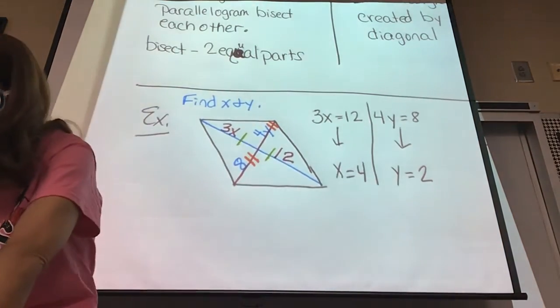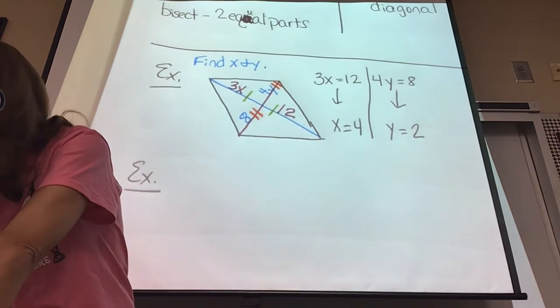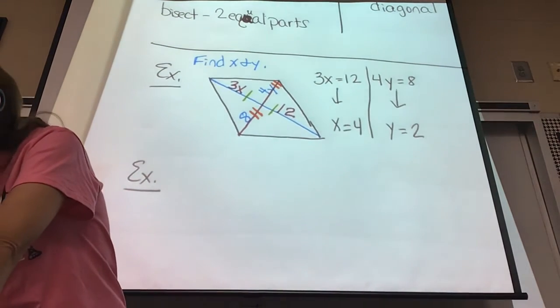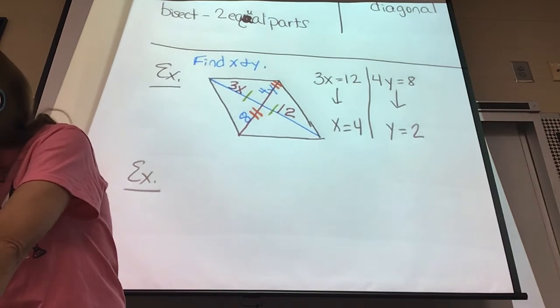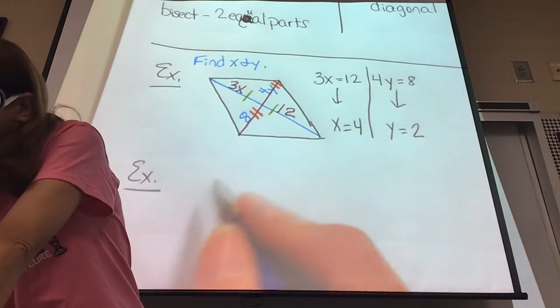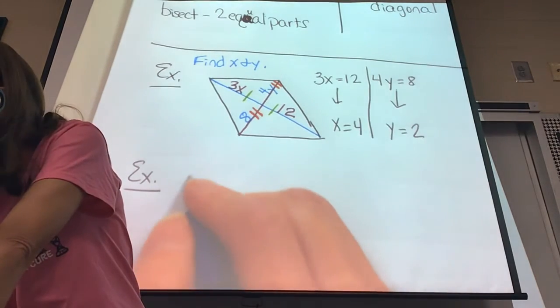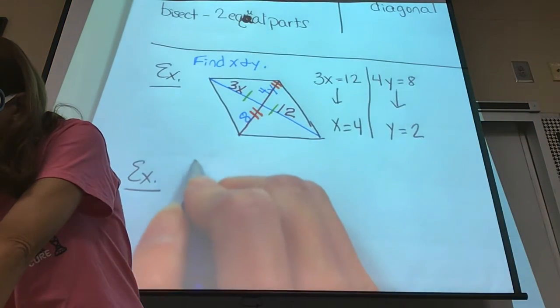Okay, let's try another one. So this time, make sure I got it. Draw a rectangle. Doesn't have to be a big one because this one is not a big one. Just a fairly small rectangle.